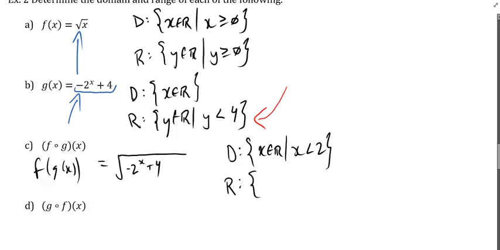And what's the lowest number that I can get when I take the square root of something? 0. Square root of 0 is 0. So my range is going to be y is an element of the real numbers such that 0 is less than or equal to y less than 2.